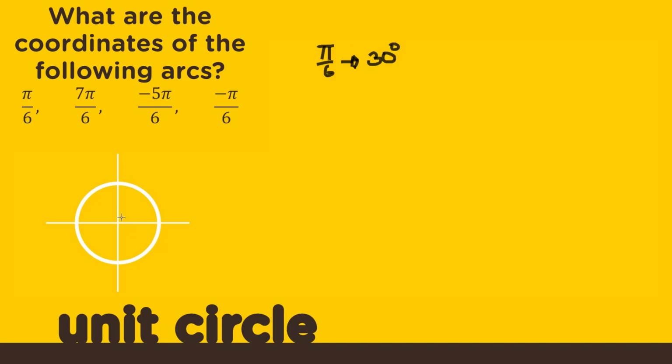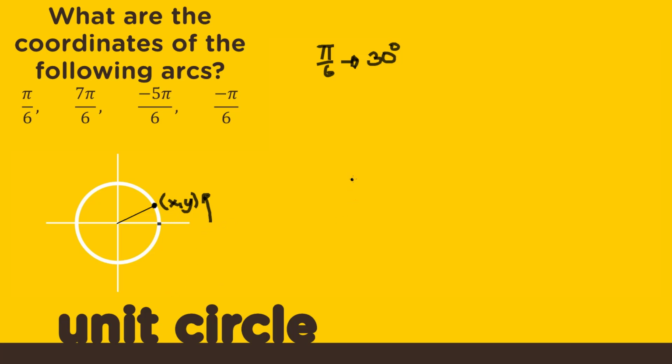So if we're going to assume it here, probably here, hopefully it's correct, this would be the terminal point with x and y of our arc pi over 6. And we're moving counterclockwise because pi over 6 is positive. If we have positive arcs, the movement would be counterclockwise starting from this as 0. If it's negative, we're going to have clockwise.